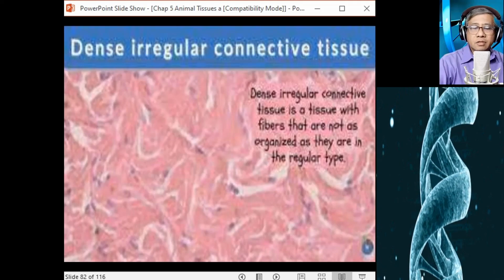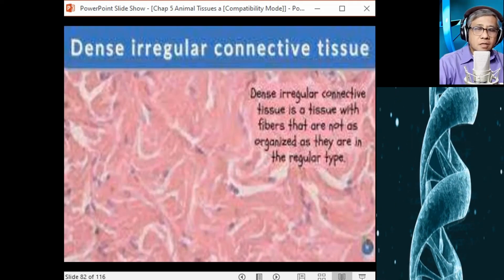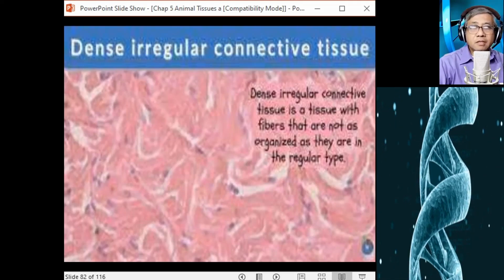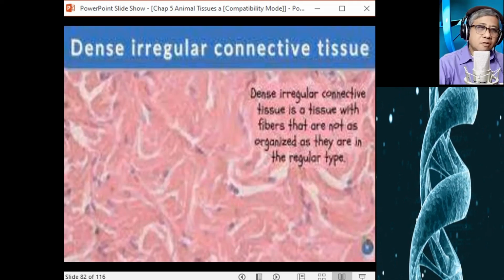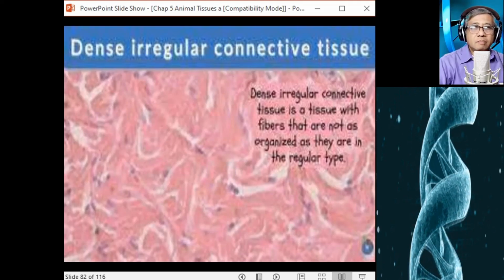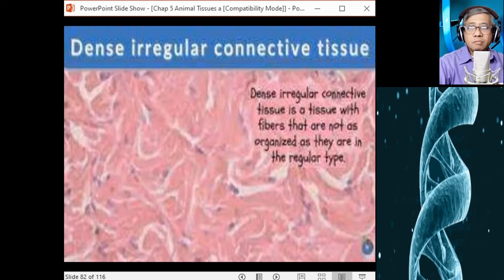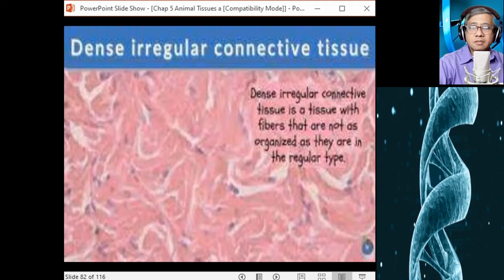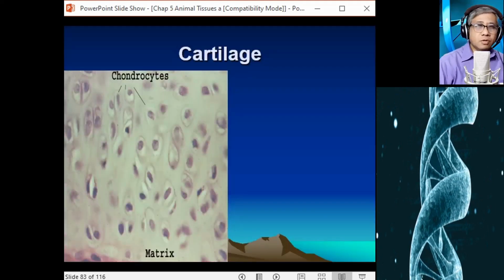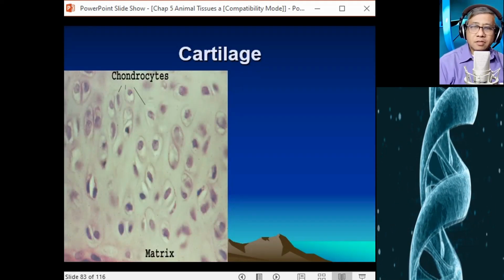So under dense connective tissue, we have dense regular, as in the case of the tendons and ligaments, and dense irregular, as in the case of the dermis of the skin. We have the periosteum of the bone, perichondrium of the cartilage. Okay, also fascia.